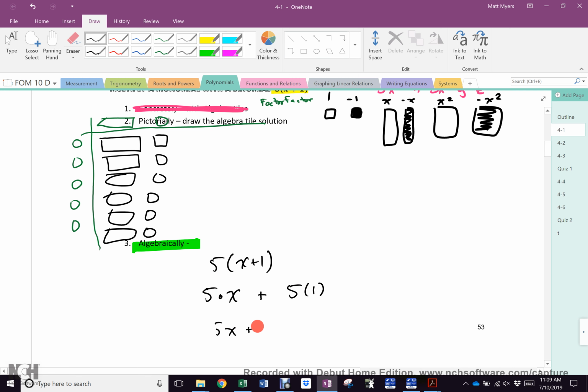A rectangle. How do I draw 2x minus 4? 2 x's and then 4 little guys. And they are colored in because they're negative. This is x, but it stretches out to make x squared.